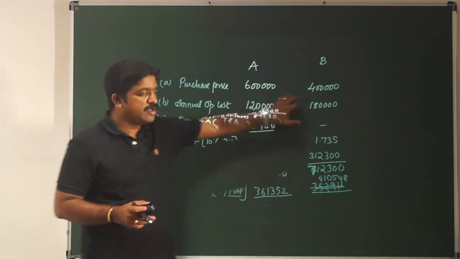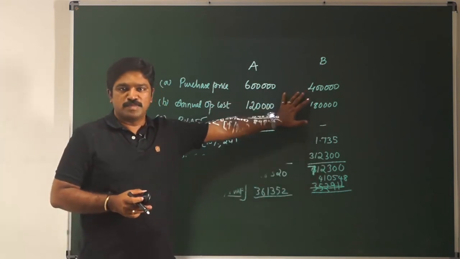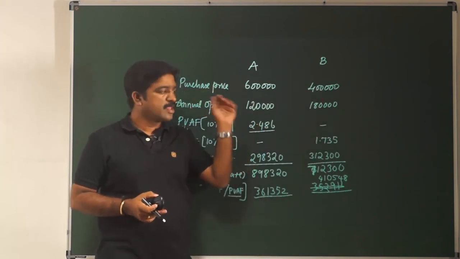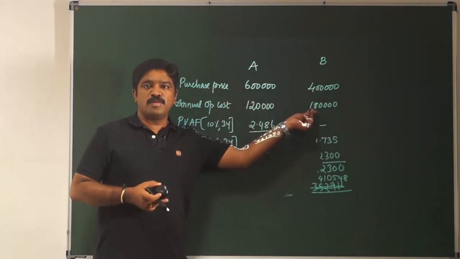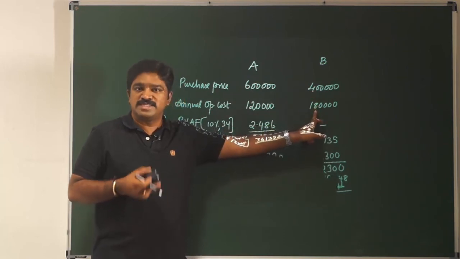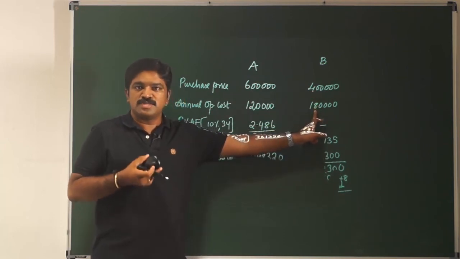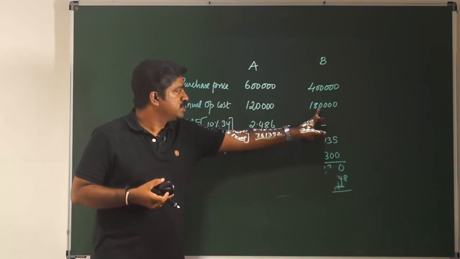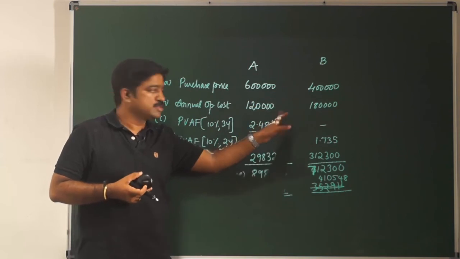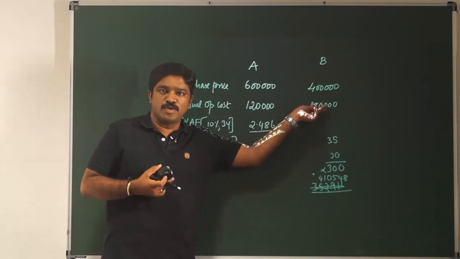So far, we were depending on project B because initial purchase price compared with A is less. Even overall payment, you have to pay 400,000 plus 360 for 2 years, right? So it was something like 760,000. Even when compared, here it's something like 960,000. So even from that angle, it was lower.